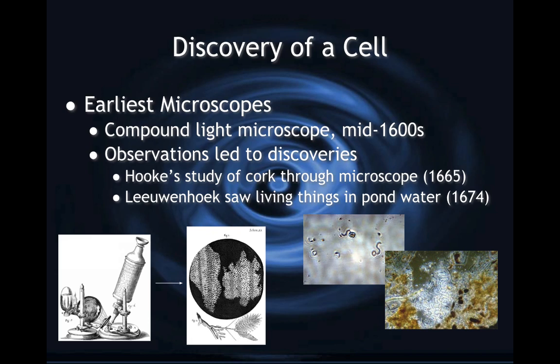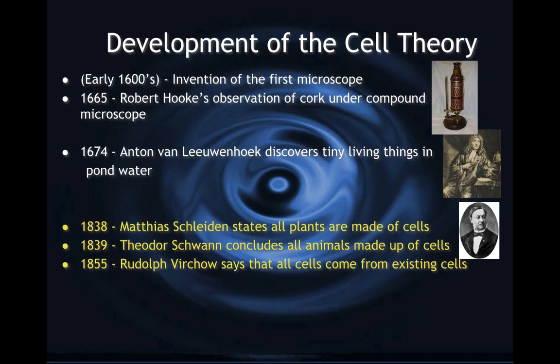So the word little room means cell, and that's where Hooke got his name for the cell. Leeuwenhoek saw little things floating around in pond water, and he decided that they were living organisms.